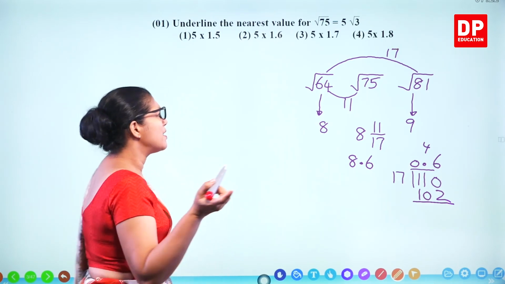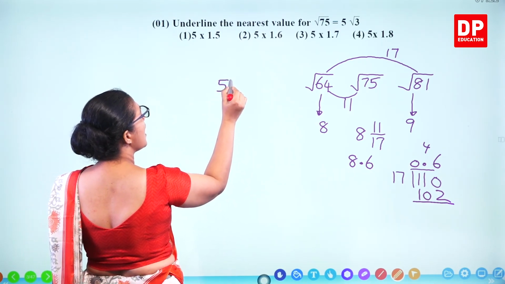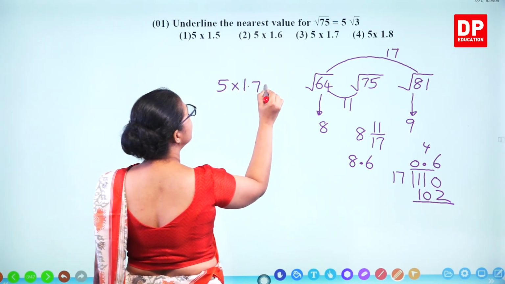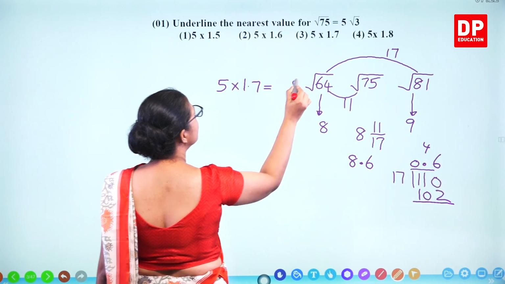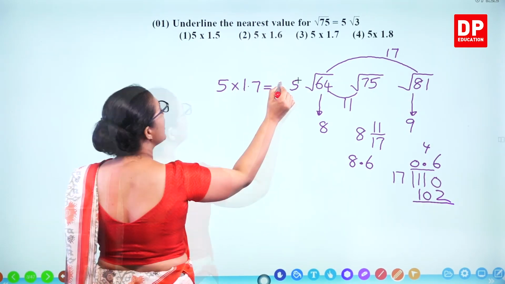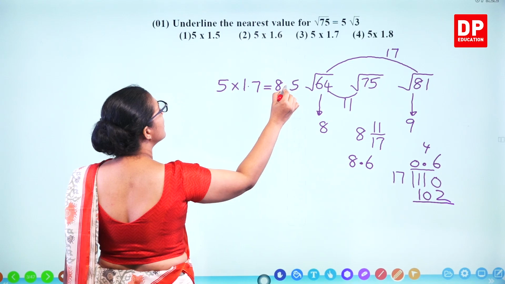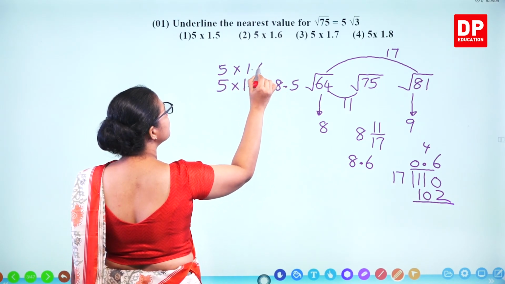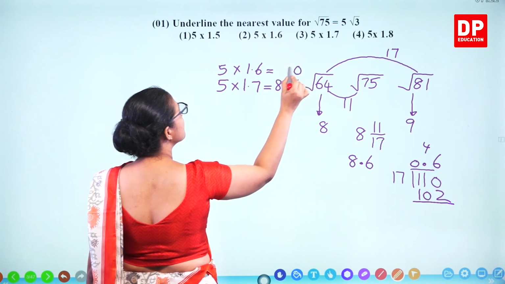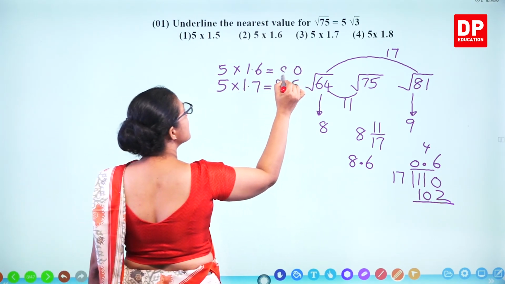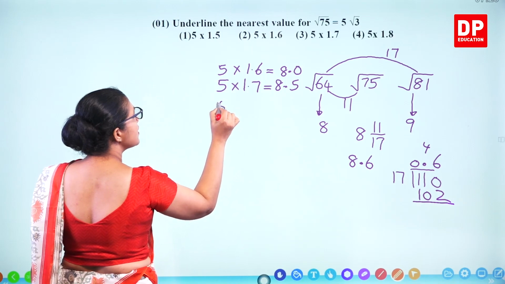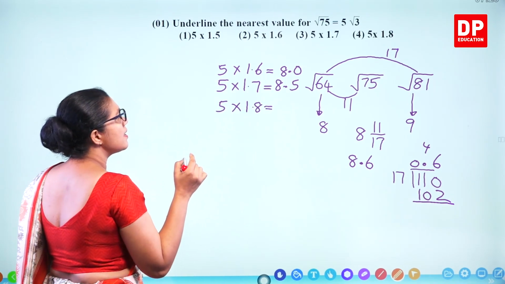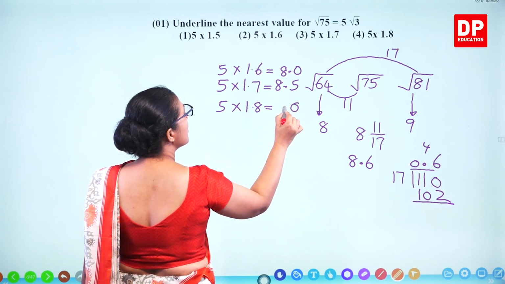So we'll just multiply and see. 5 times 1.7 is 8.5. 5 times 1.6 is 8. And 5 times 1.8 is 9.